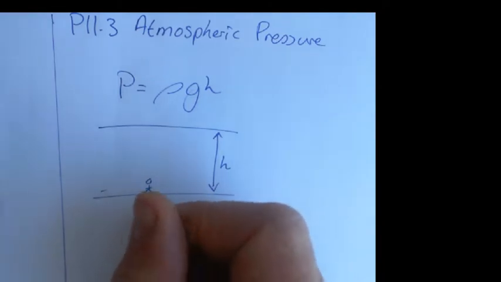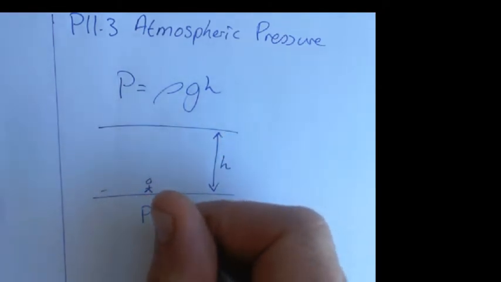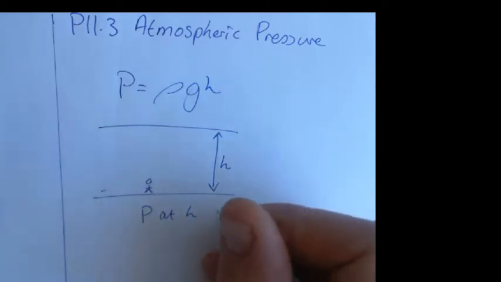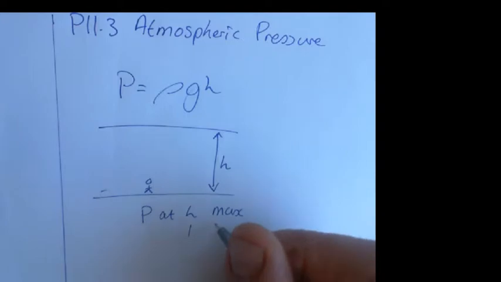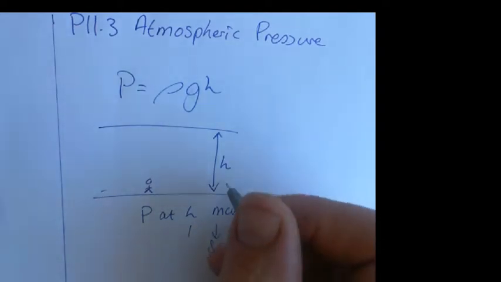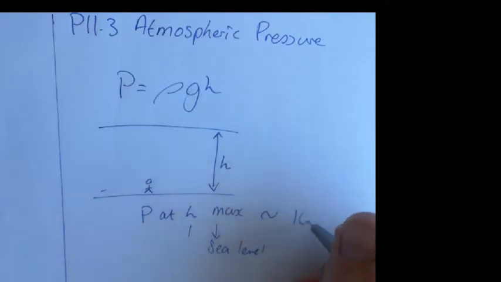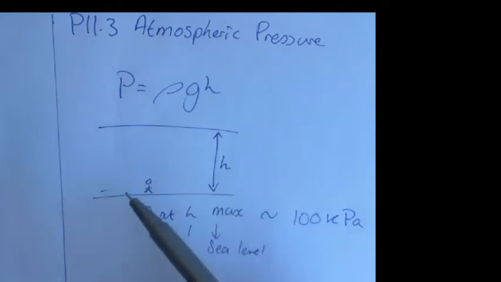And that pressure at sea level, so P at H max, which is sea level, is approximately 100,000 pascals, and we write that as 100 kilopascals.